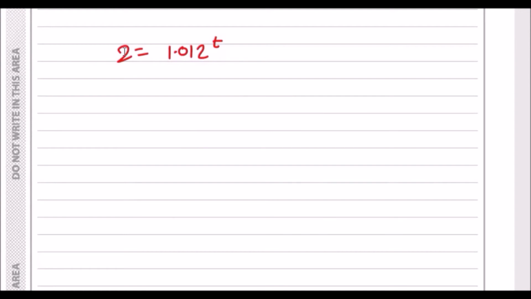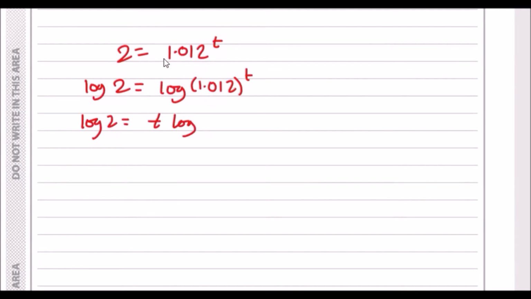To solve this one, take logs on both sides. So log 2 equals log 1.012 to the power T. Thanks to the properties of logs, the power drops in front of the log term. So log 2 equals T times log 1.012. Finally, divide across, and you get T equals log 2 over log 1.012.